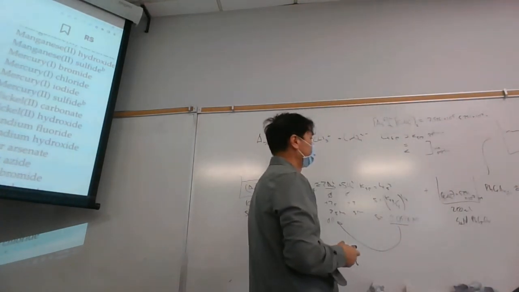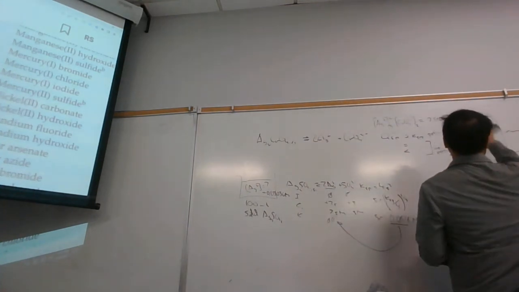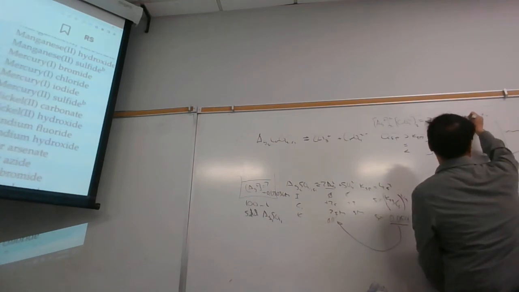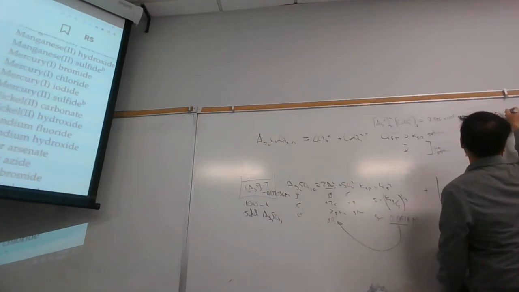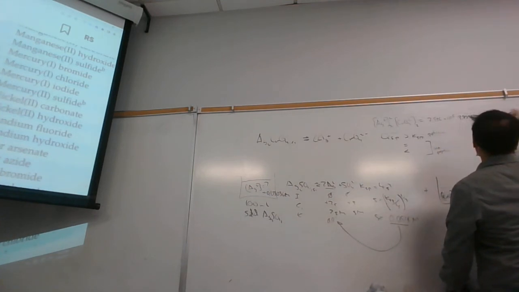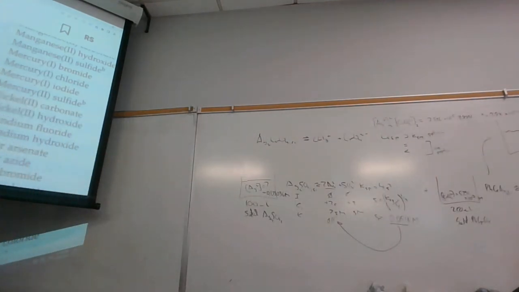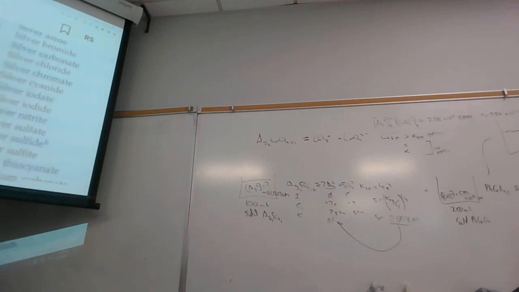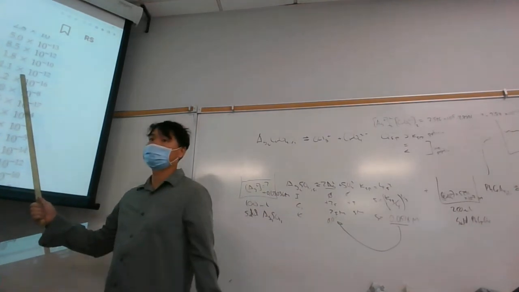Why wouldn't it be the 3.77? Oh, 3.77, so 3.7796. 2.8448 times 10 to the negative 11. All right, so about 2.8 times 10 to the negative 11. And then let's compare it to silver chromate, which is 1.1 times 10 to the negative 12.